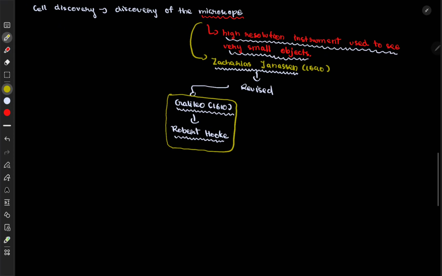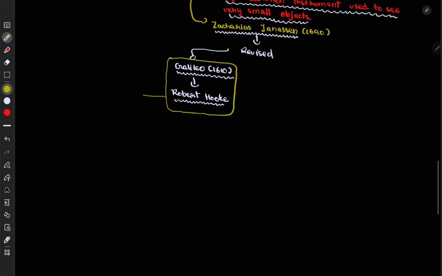Now, this person called Robert Hooke was the person who discovered the cell. He discovered it in 1665.